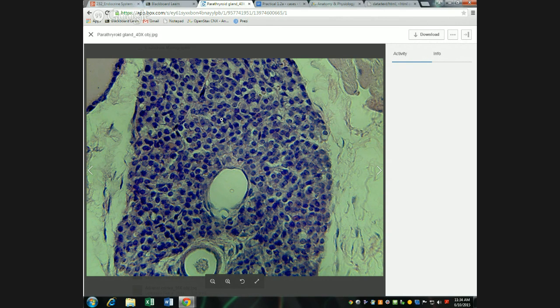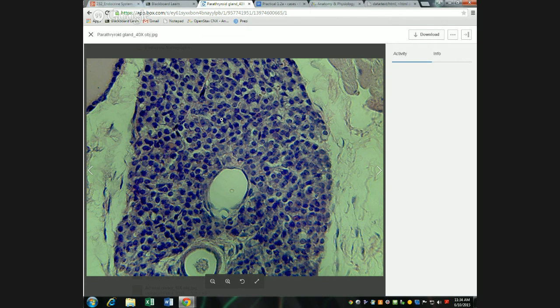Now, very important that you were paying attention to how I said that. Parafollicular cells of the thyroid gland. Parathyroid gland. They both have para in them. But the parathyroid gland is around the thyroid gland. Parafollicular cells of the thyroid gland are around the follicles of the thyroid gland.